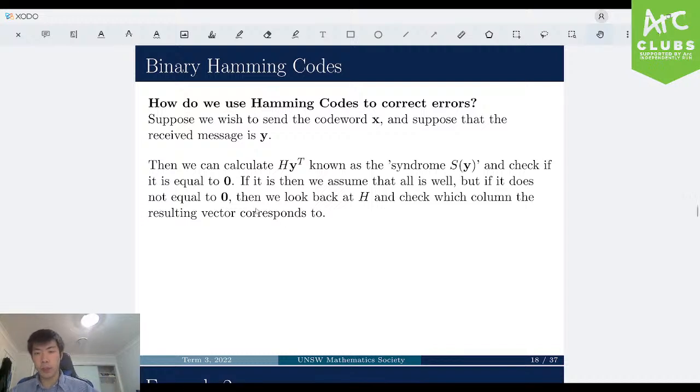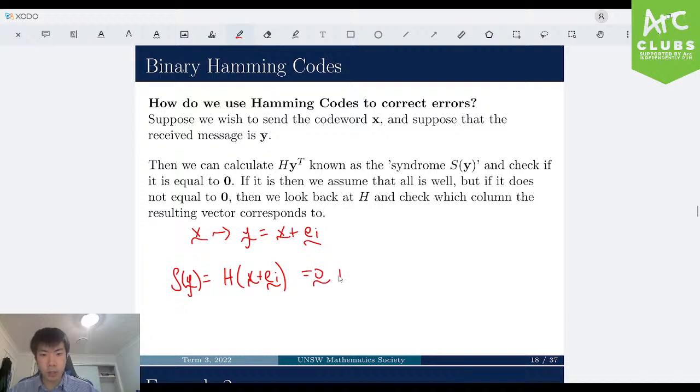We talked about this briefly earlier, but essentially, if we have x that gets corrupted into a y, which can be rewritten as x plus 1 basis vector e_i in position i, we can then calculate the syndrome for y, which would be H times (x plus e_i), which becomes the 0 vector plus H e_i. And how does this tell us where the error is?